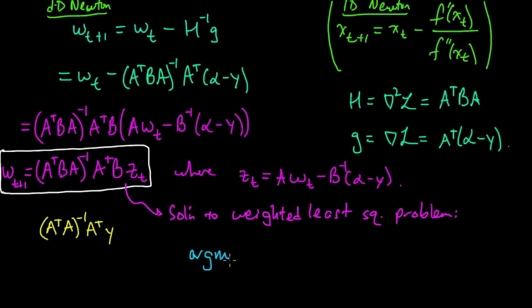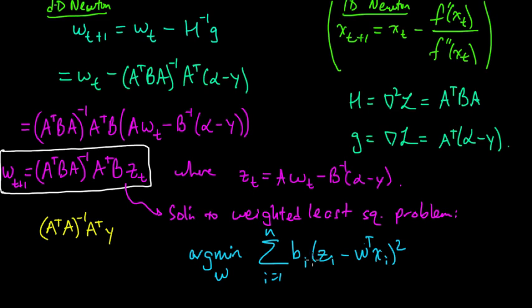It's the argmin over w of the sum, as i goes from 1 to n, of b_i, I'll say what b_i is in a second, times (z_i minus w transpose x_i) squared. Sorry, that looks a little funny. Just to emphasize, it's the dot product here.